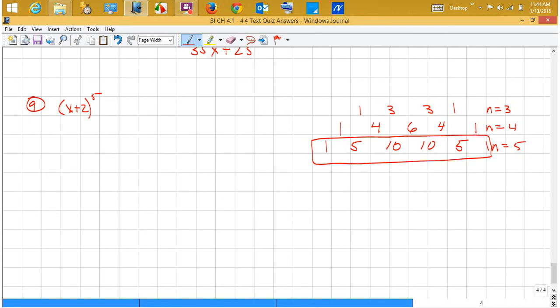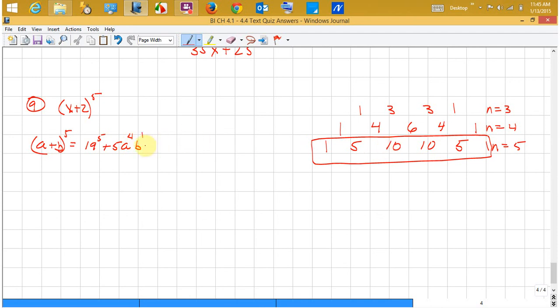Okay? Now, so my expansion, if I was dealing with a plus b to the 5th, that would be equal to 1, this 1 times a to the 5th, and then it would be plus 5 times the exponent would drop by 1, and b would go up by 1.